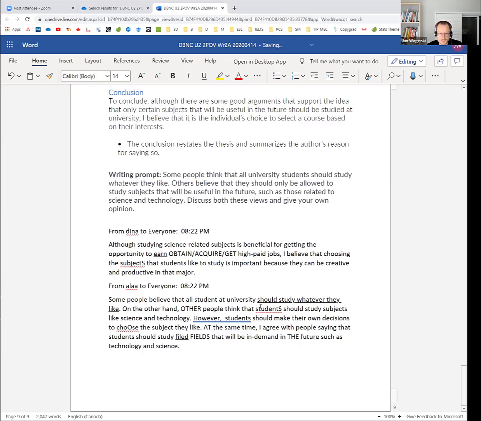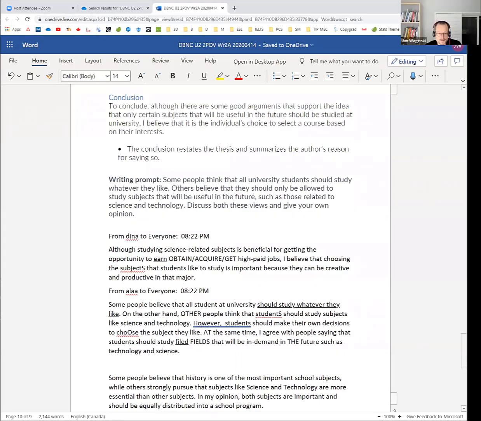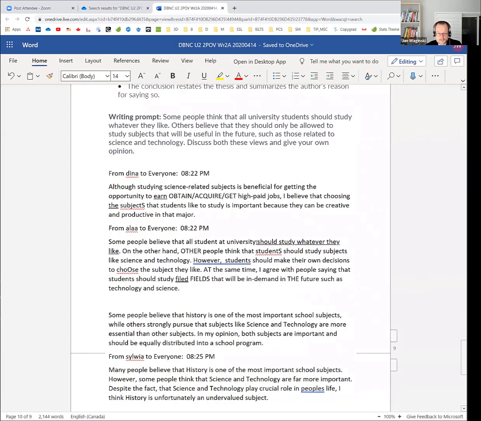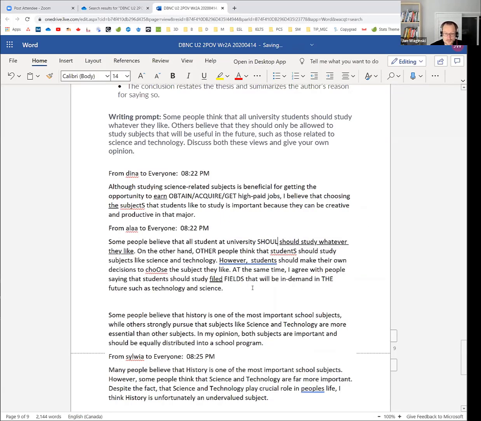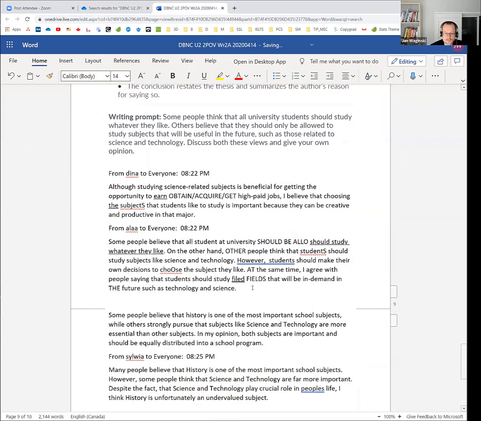Sure. Now, can you paraphrase this? Can you put this in your own words? Okay, some people should choose whatever they like. Some people believe that all students at university, let's say, should be allowed, or, well, that's the same as the question. Should be, what's a synonym for allowed?